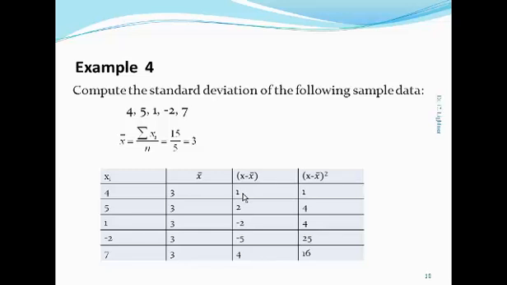In the fourth column, we simply square the value that we got in the third column when we took our difference. 1 squared is 1, 2 squared is 4, negative 2 squared is 4, and we continue down that column.